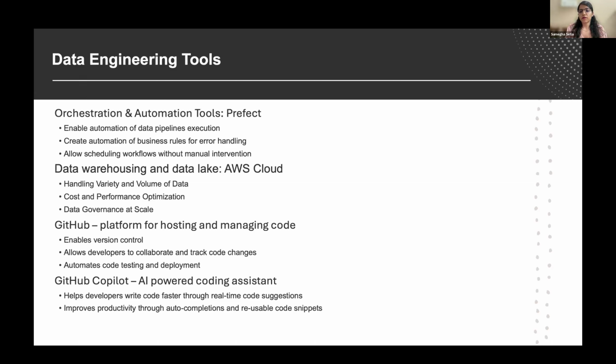They can track their code changes, push their code changes, and look at the history of those code changes as well, so that if any issue comes up, we have that version control historical data. Then we have GitHub Copilot enabled as well, which helps the users write code through real-time code suggestions.